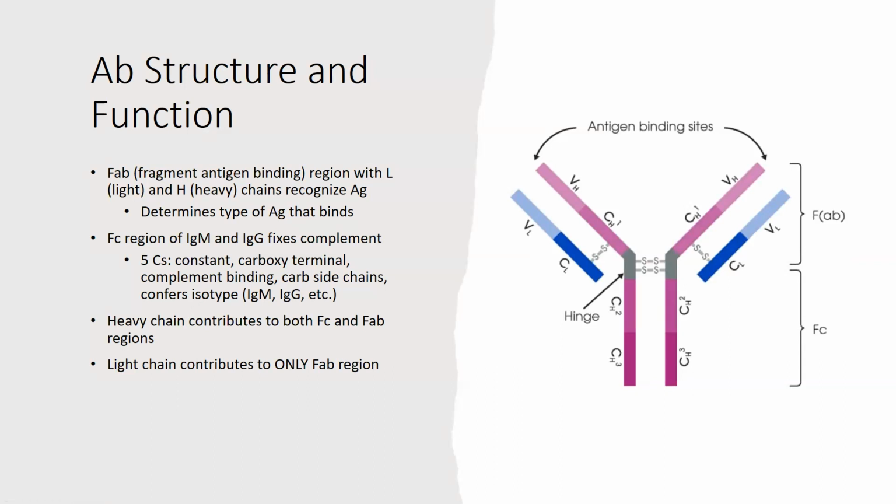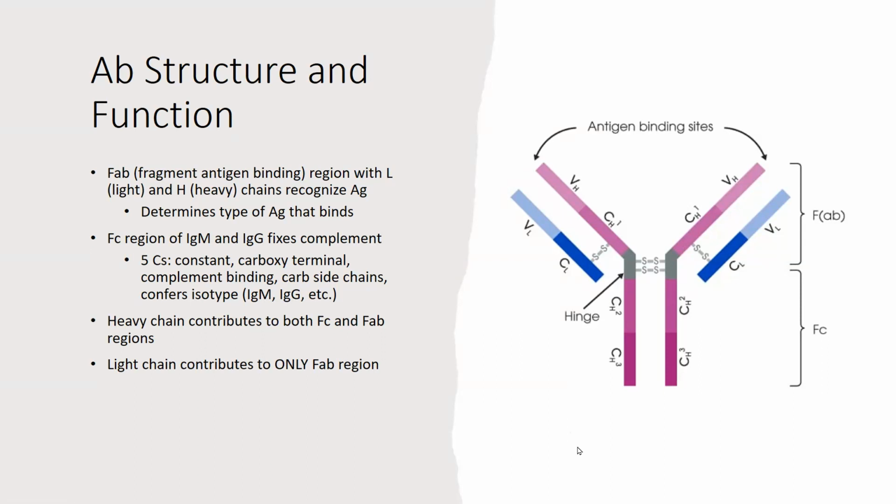The only thing I want to say about this is the general component that's bound to the cell membrane of your B cell initially is the Fc component. The part that binds to the antigen is the Fab component, the fragment antigen binding component. So this is the antigen binding site. These are the sites that are going to be specific for whatever antigen it's binding to, versus Fc, which is going to be consistent because that's the part that was bound to the actual B cell initially.